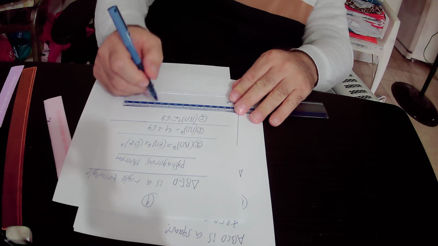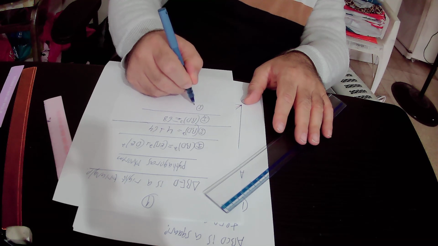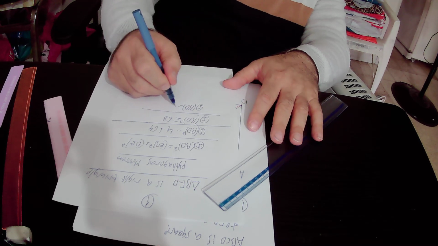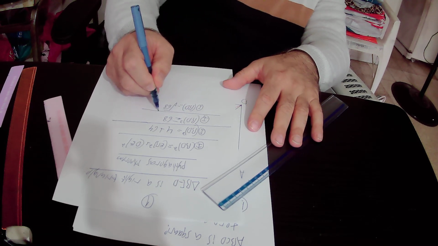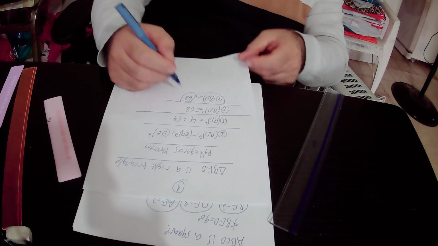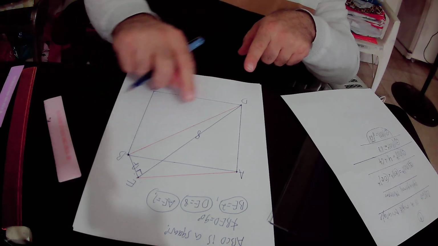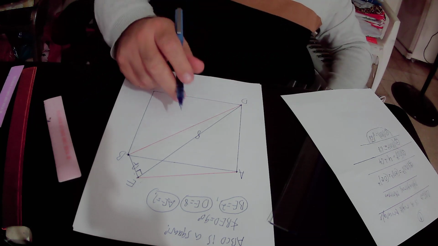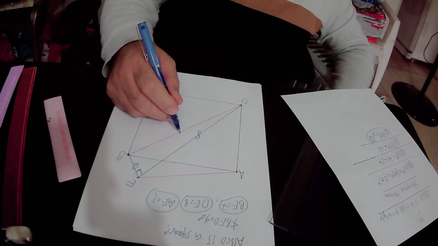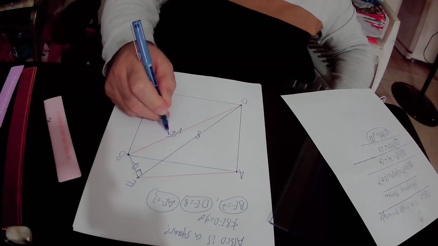Here we will take a root of equation number 1 and we will get that BD equals the square root of 68. So we found out that BD equals the square root of 68. BD is also the diagonal of square ABCD, and it equals the square root of 68 units.